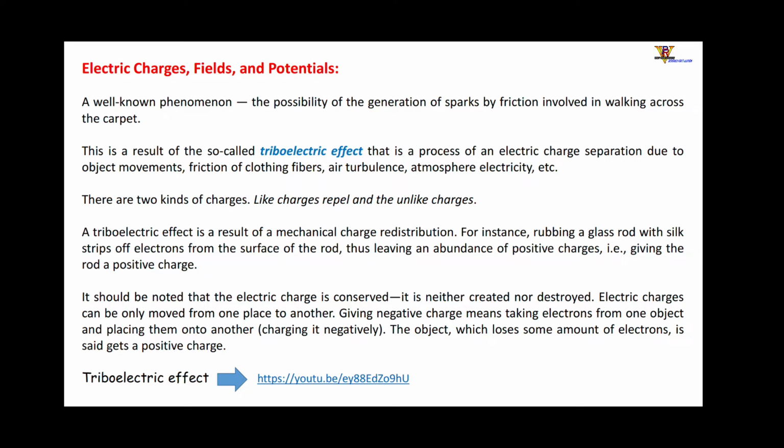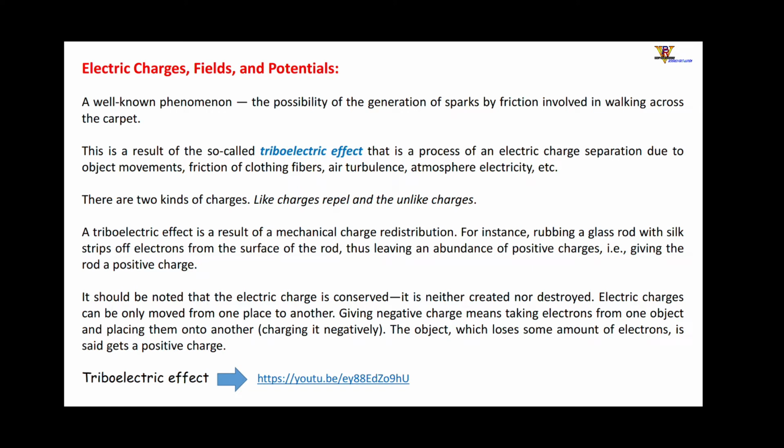So in the triboelectric effect, electric charge separation occurs due to friction, object movements, air turbulence, atmospheric electricity, etc. So this type of spark is generated by the triboelectric effect. And why do these sparks occur?